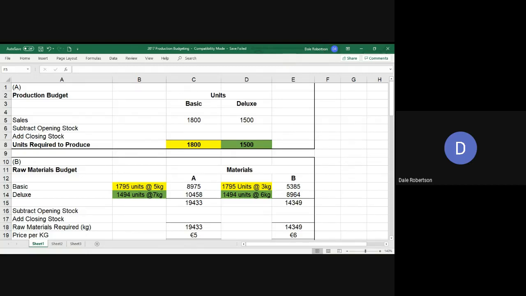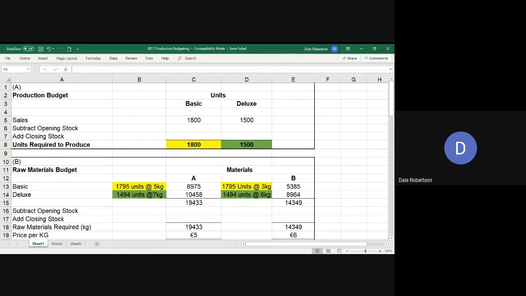And then it gives you the expected sales for the products. It gives you the opening stocks of finished goods, and we've just spoken about how to get the closing stocks. It tells you how much of raw material A and B in kilos and how much labor in hours it takes to make a basic or a deluxe product. It tells you about the opening stocks of raw materials and the price of them.